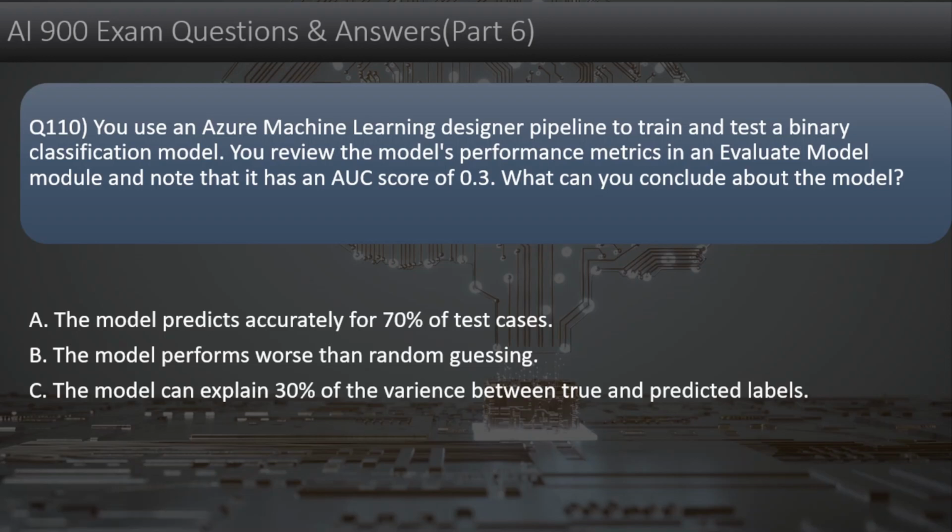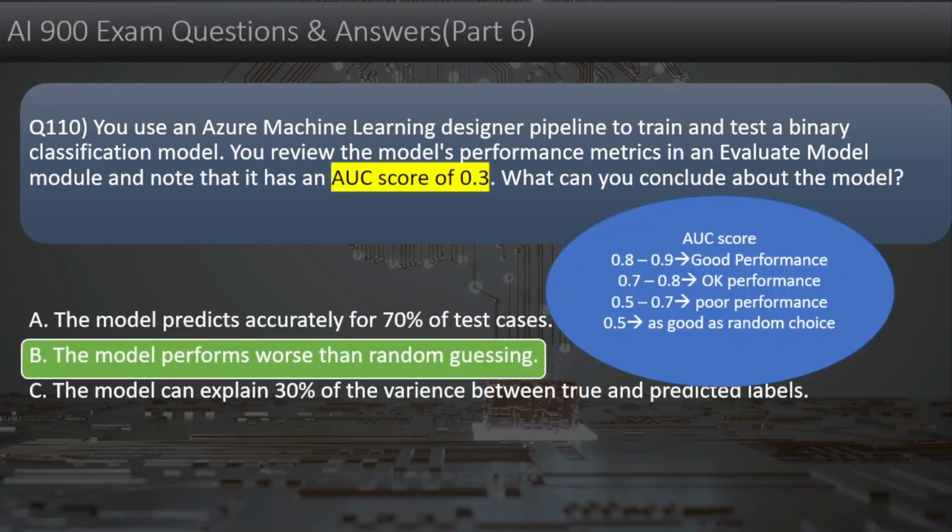Option A, the model predicts accurately for 70% of test cases. Option B, the model performs worse than random guessing. Option C, the model can explain 30% of the variance between true and predicted labels. The correct answer is option B, the model performs worse than random guessing.